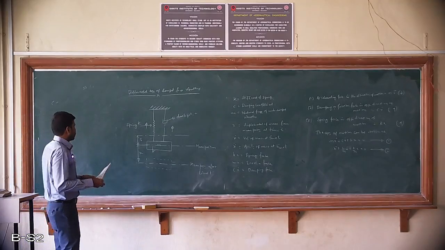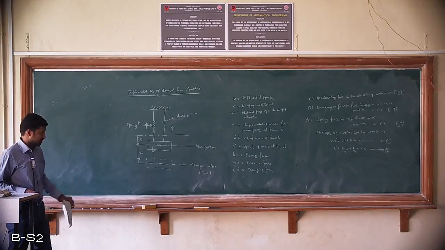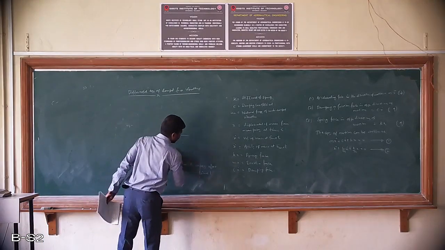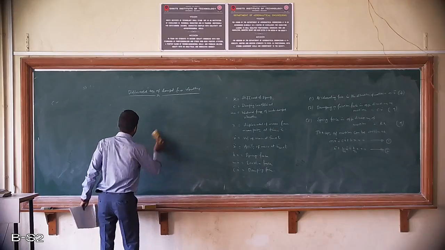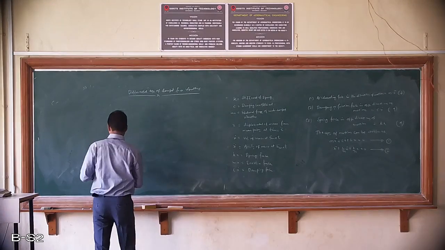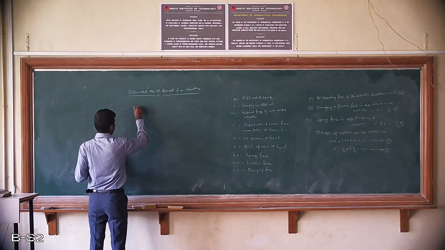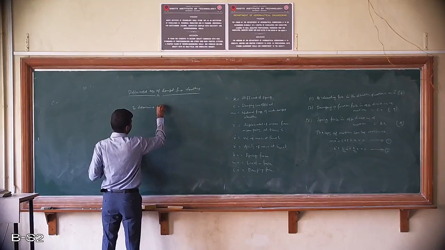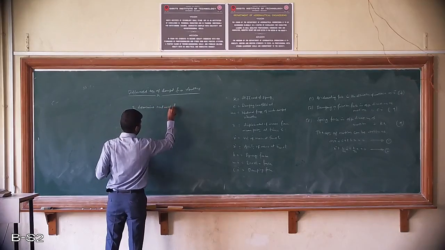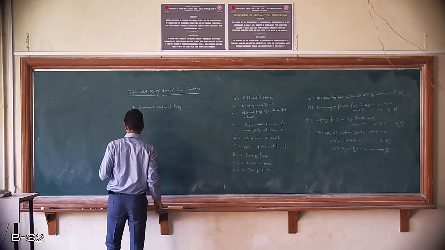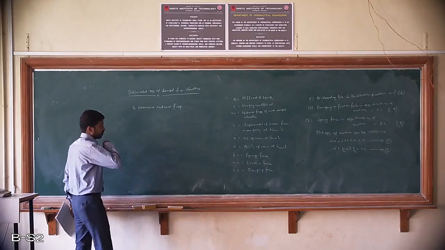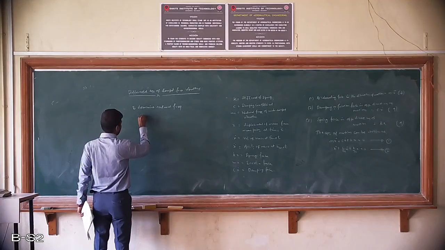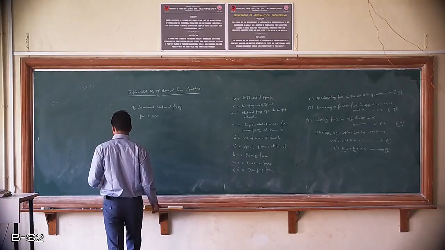So now how to find out the natural frequency for this? So let us understand. To determine the natural frequency, substitute or put c is equal to 0.